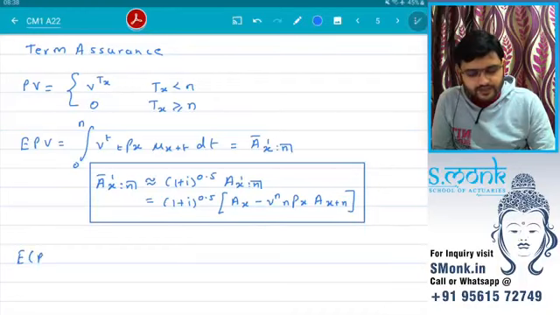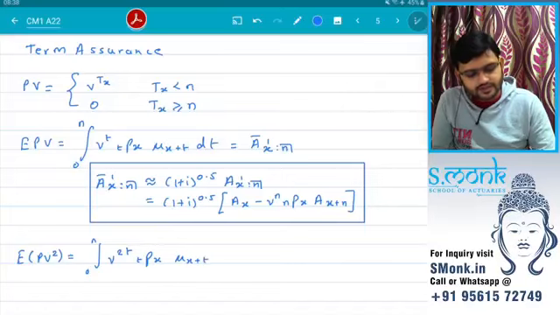Then the expected present value squared will just be the integral from 0 to n of v raised to 2t. The present value becomes squared, so I'll have tpx mu x plus t dt.